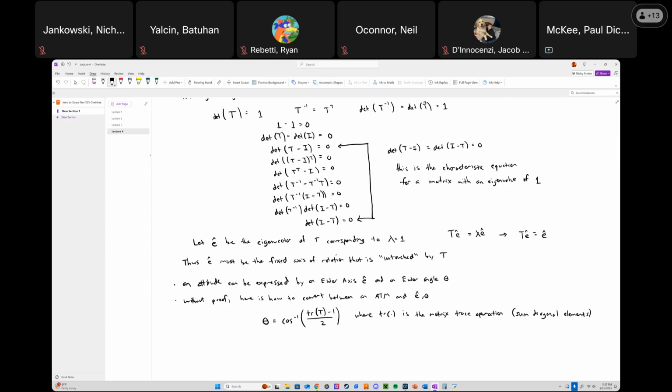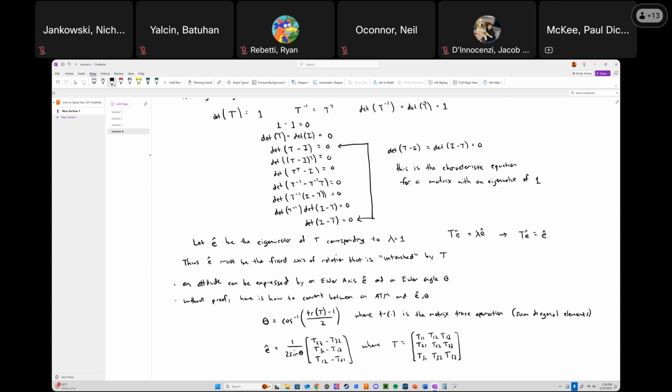And E is 1 over 2 sine theta times the vector T23 minus T32, T31 minus T13, T12 minus T21, where T can be broken down into elements T11, T12, T13, T21, T22, T23, T31, T32, T33.